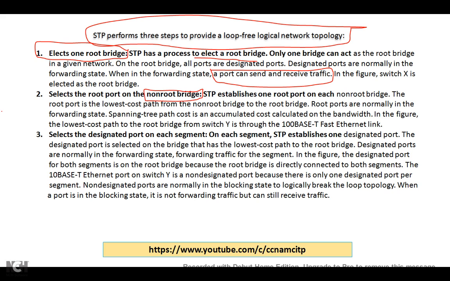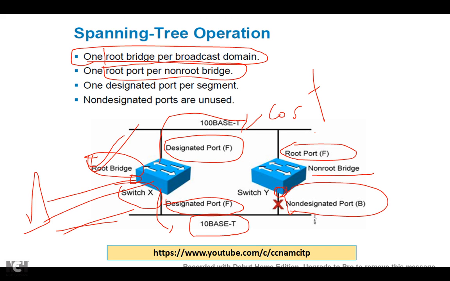The root port is the lowest cost path from the non-root bridge to the root bridge. As I told you, it uses a cost to reach the root bridge. I will show you in a separate video.